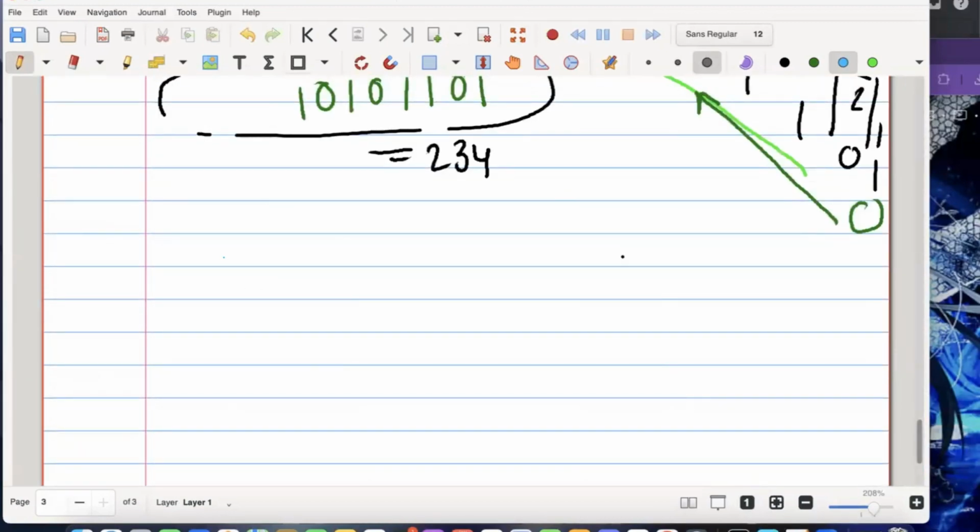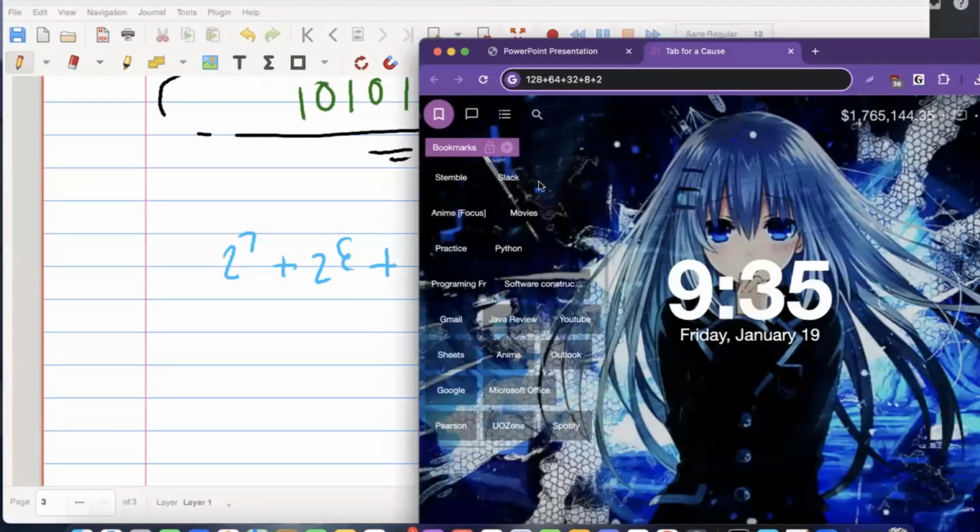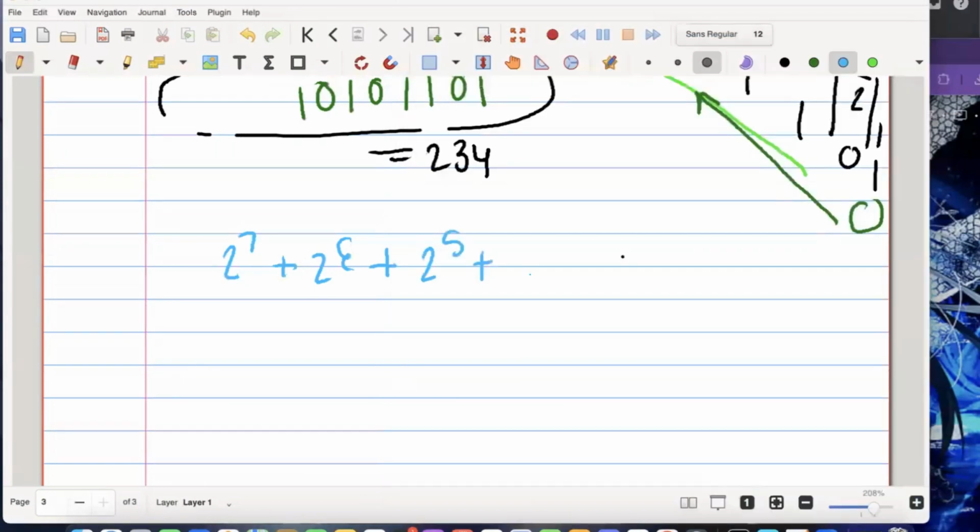it would be 2 to the 7 plus 2 to the 6 plus 2 to the 5 plus 2 to the 3 plus 2 to the 1.